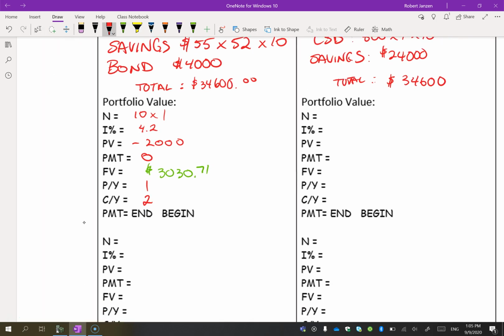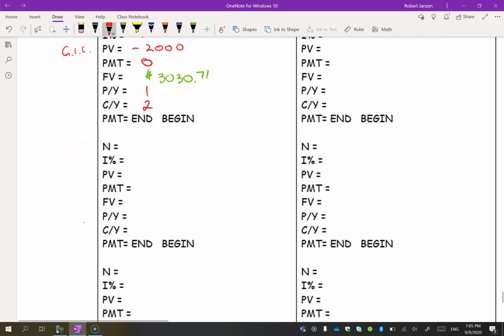Okay. Now let's look at the savings. So this was the GIC. Let's look at the savings. Okay, the savings is putting in $55 a week. So how do we say that? Well, if you're doing $55 every week, that's 52 payments. So 10 years times 52 payments. All right, and getting 1.8%.